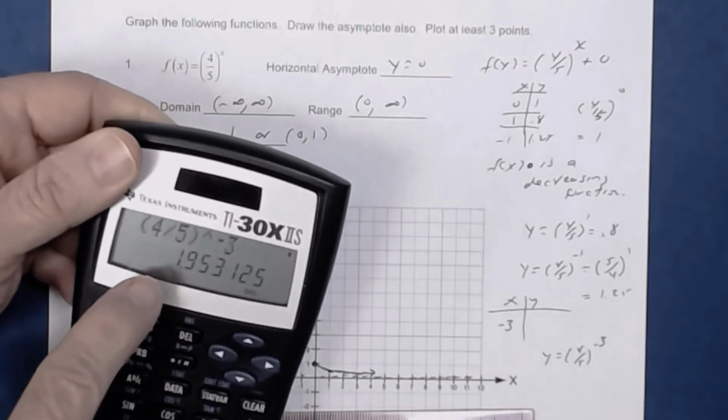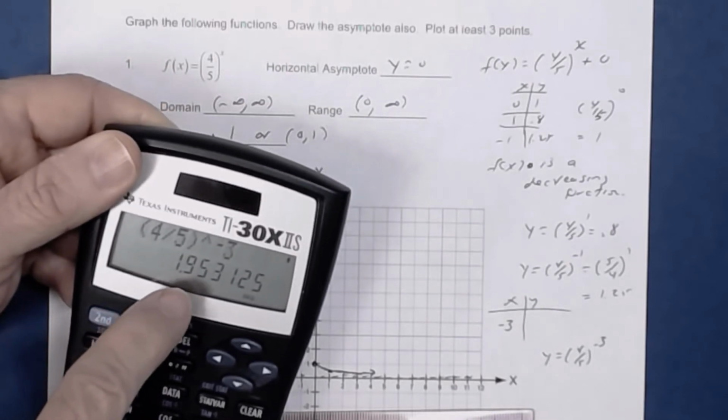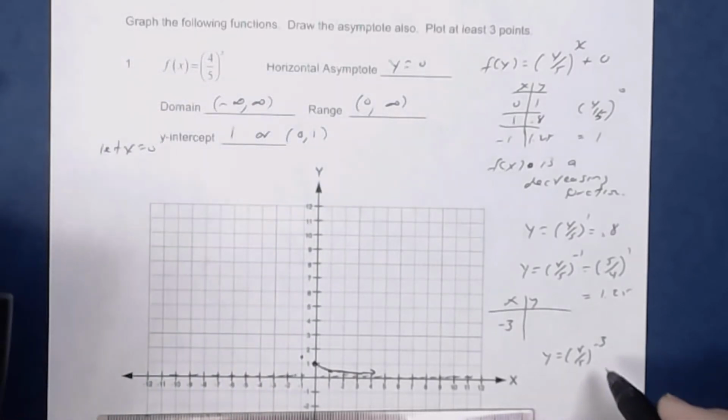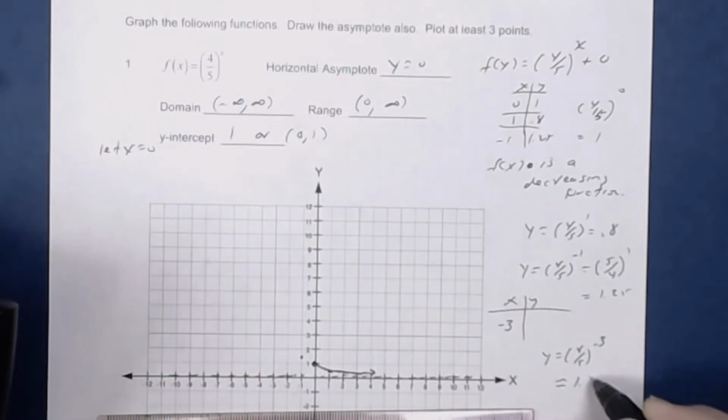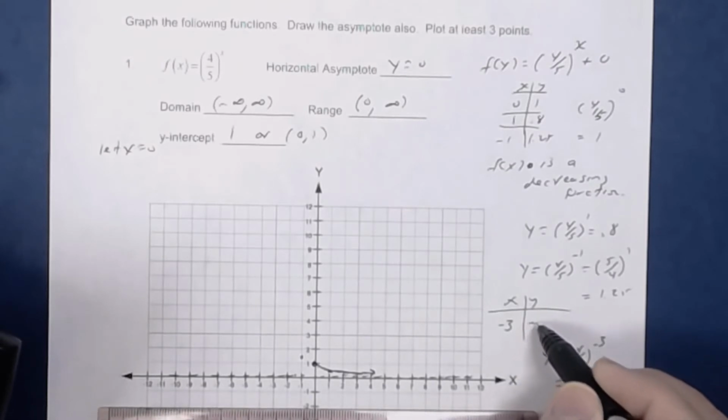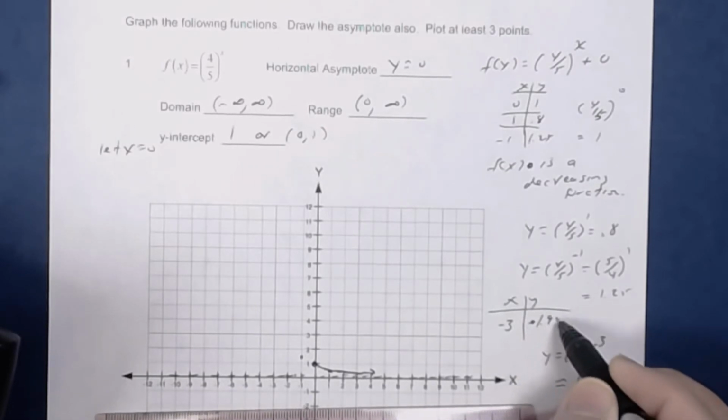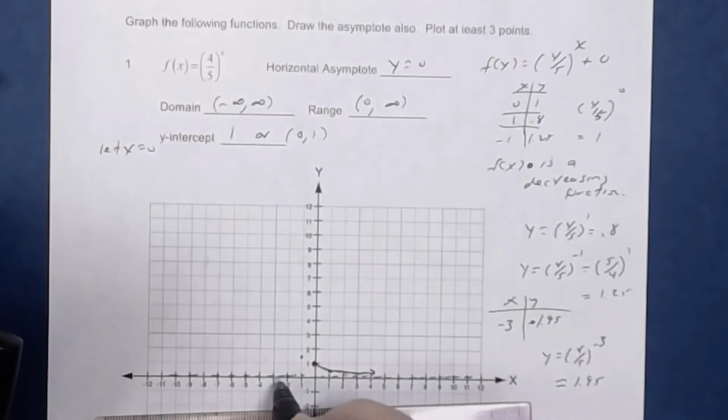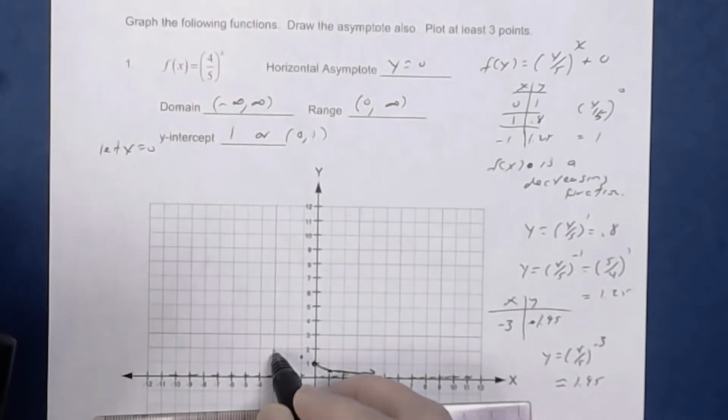Let's approximate this. That's about 1.95. All right, so (-3, 1.95), which is here.